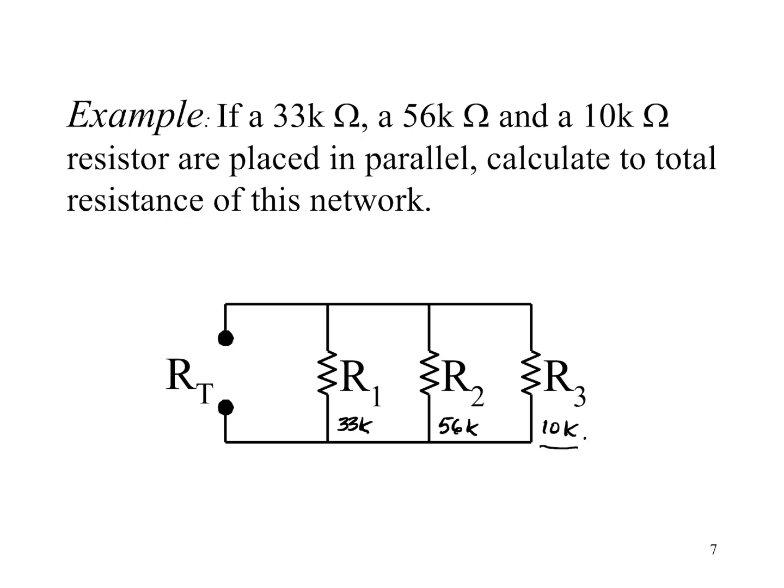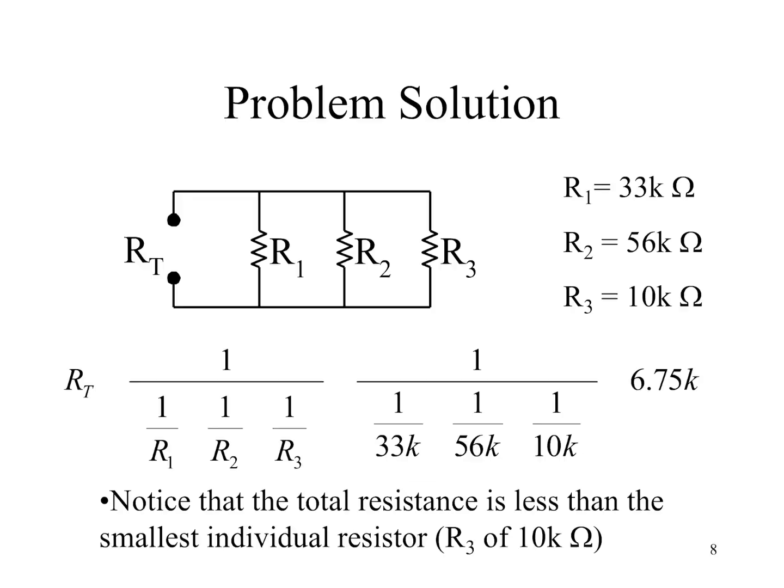So remember, our total equals 1 over R1 plus 1 over R2 plus 1 over R3. If you want to get out your calculator and verify it, when you're done, you know the result should be less than 10K.